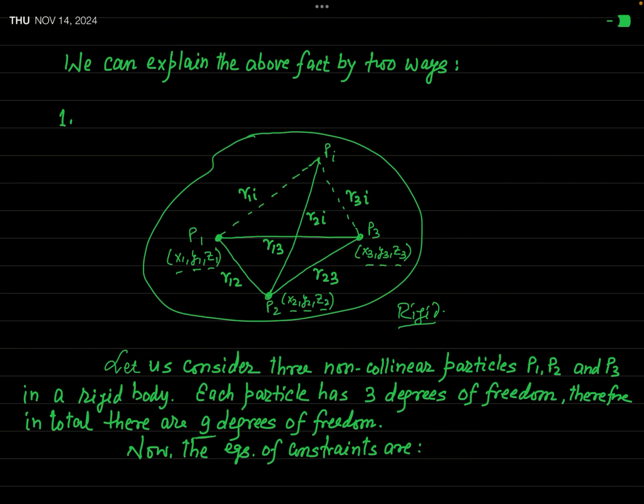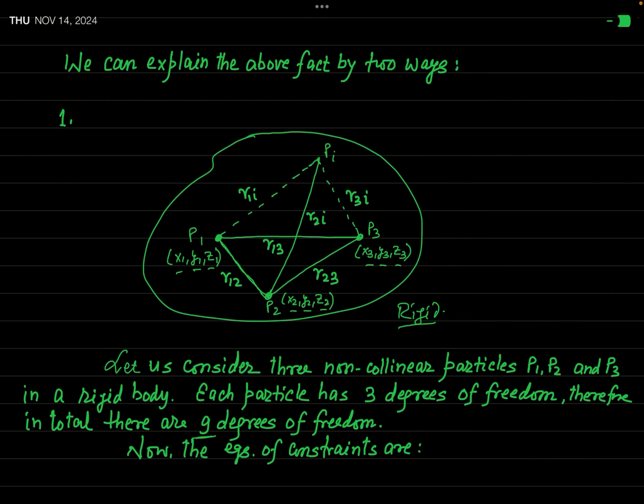Okay? But here, if these 3 particles are the particles of a rigid body, then there will certainly be constraints imposed on them. And what are the constraints? You know, in case of a rigid body, the constraint is that the distance between any 2 particles remains constant, remains unchanged during its motion. So in this case, we can write 3 equations of constraint.